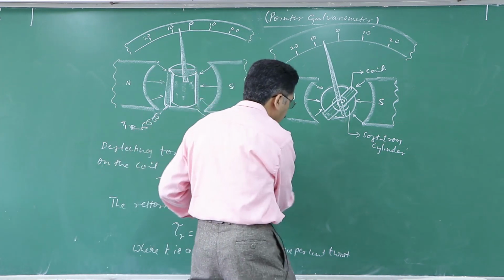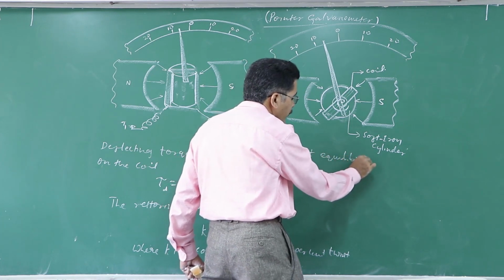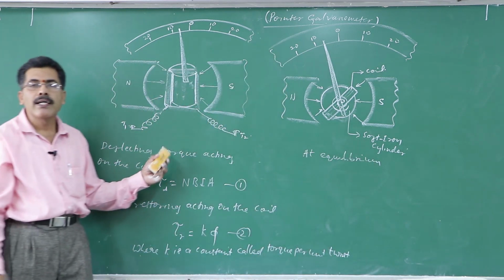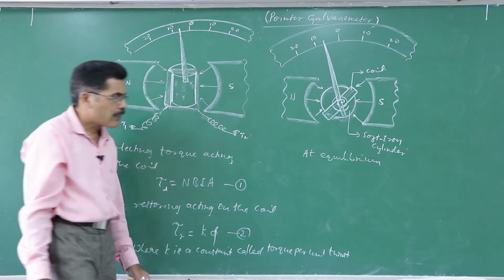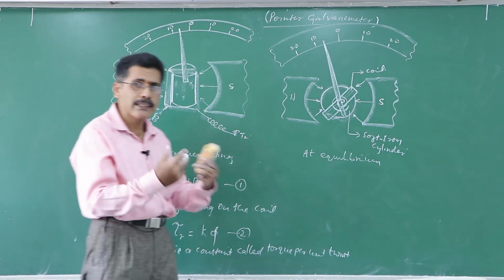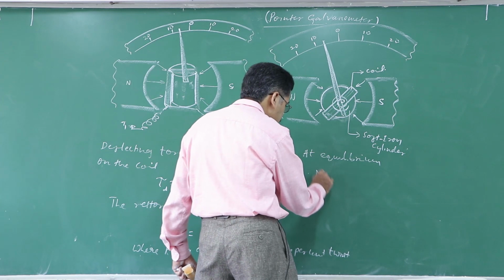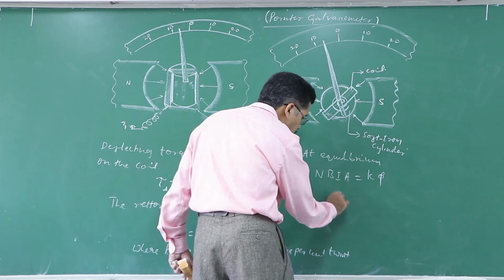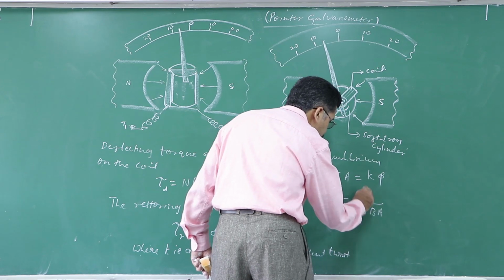Therefore at equilibrium, the torque due to the magnetic field just balances the restoring torque due to compression or extension of the spring. So N B I A is equal to K phi, or I is equal to K divided by N B A, into phi.